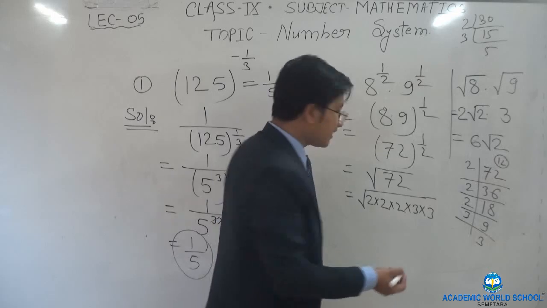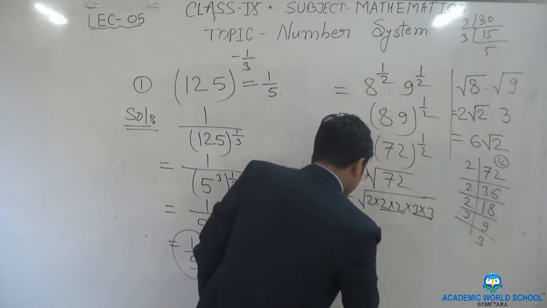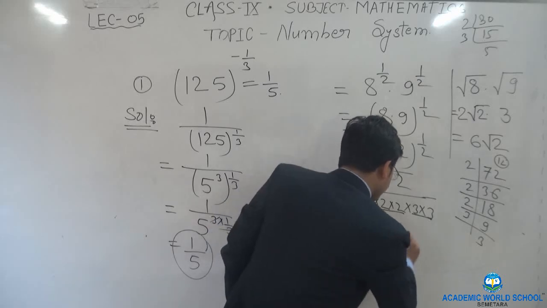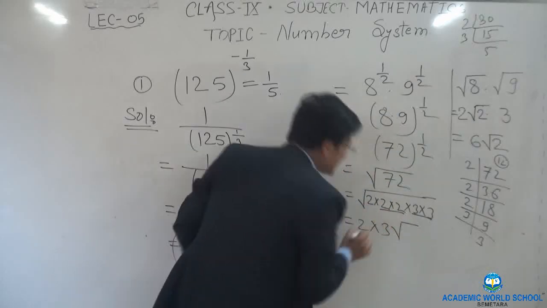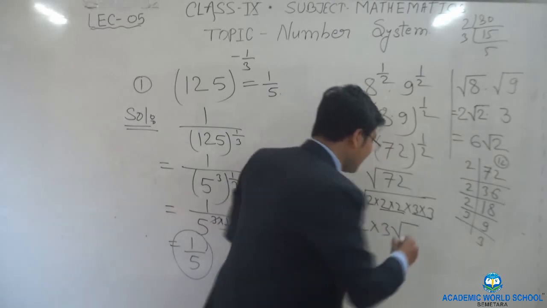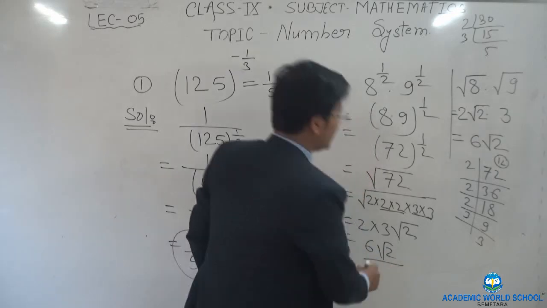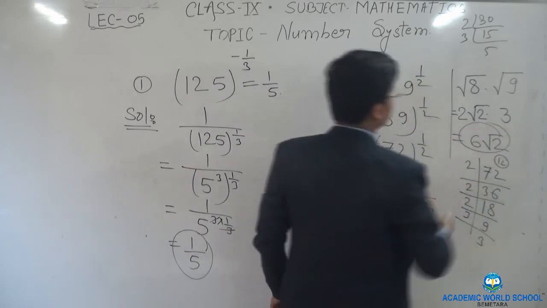Making pairs, this is one pair and this is one pair. So one 2 and one 3 will come outside, and since this 2 is alone, it will remain in the root. So this is 6 root 2, and we got 6 root 2 here also.